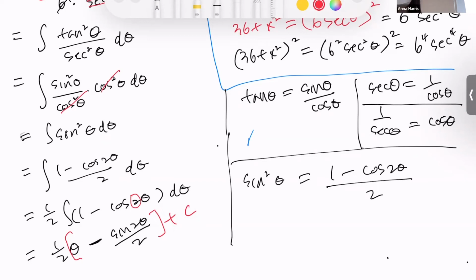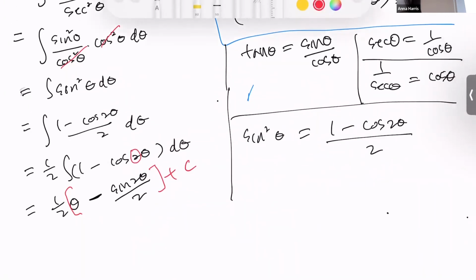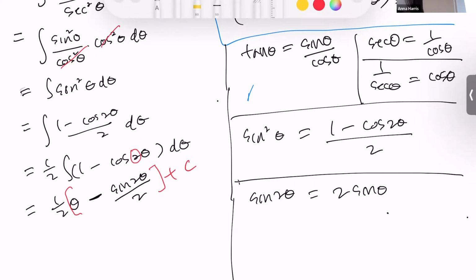Okay, is everybody with me now? I'm not done yet. So the algebra part is done. Now I have to use what? Triangle. That's right. Let's use a triangle. Look at this. Sine 2 theta, I need to rewrite it as 2 sine theta cosine theta, because I cannot use a right triangle.